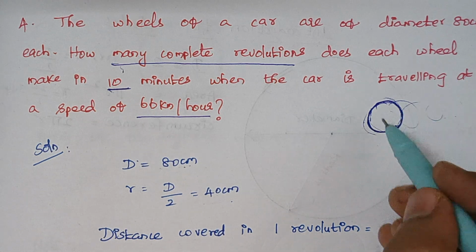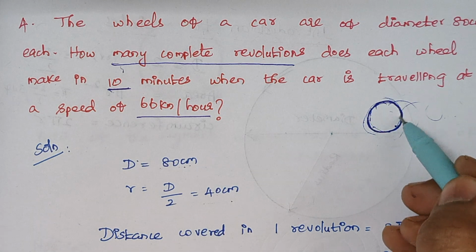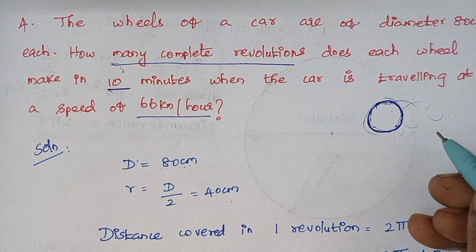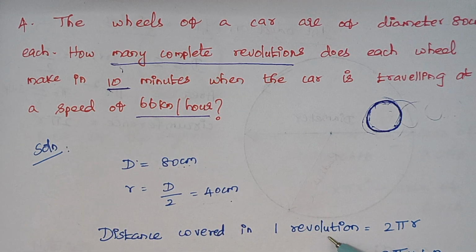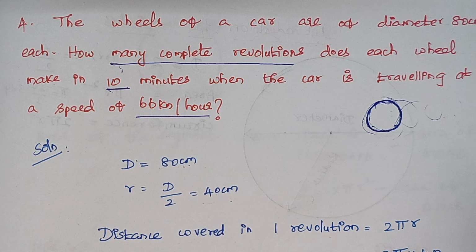You can take a thread and measure the circumference of the circle, and that circumference is known as the length, right? In a previous problem we have already discussed. So distance covered in one revolution is nothing but the circumference of the circle.